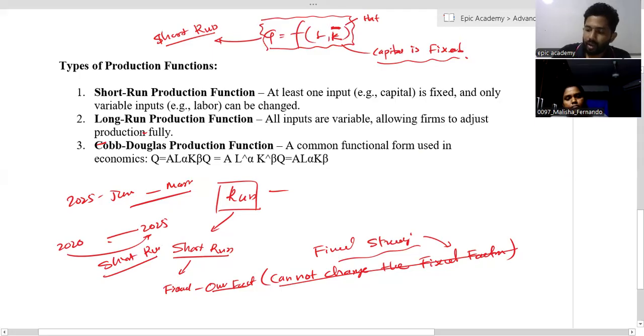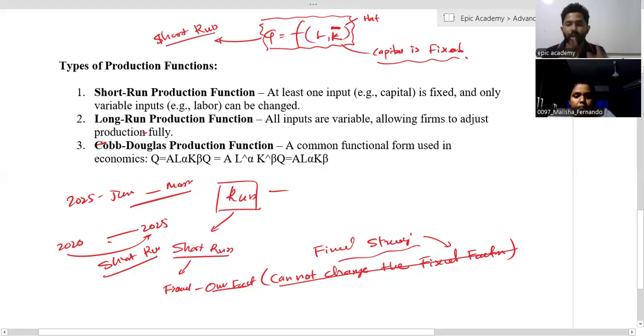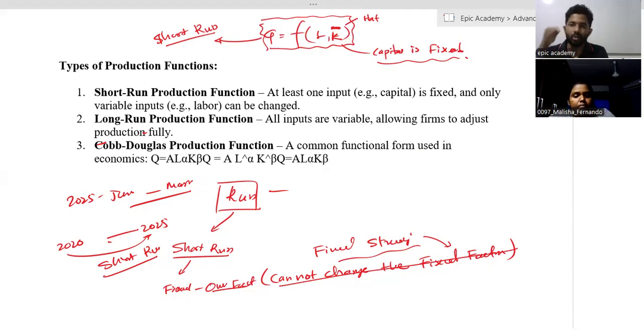Now you can identify the run or time period in economics is not measured by date and time. It is measured by financial strength, financial activities, financial abilities. So that is how we can identify the short run and the long run in the economic field. Did you get the idea?